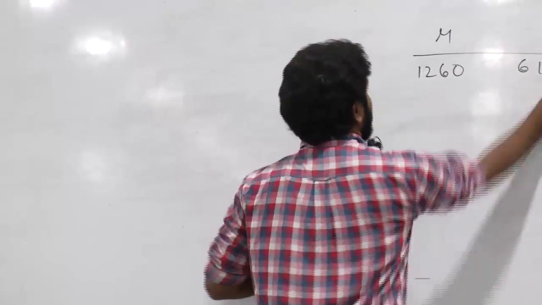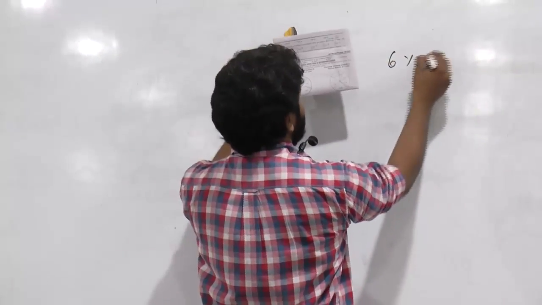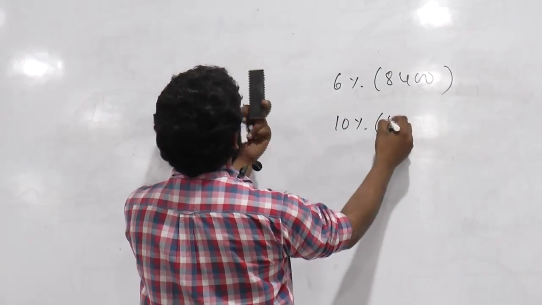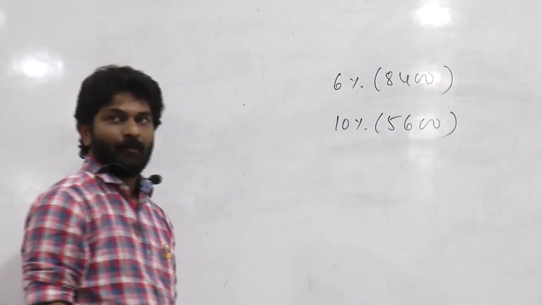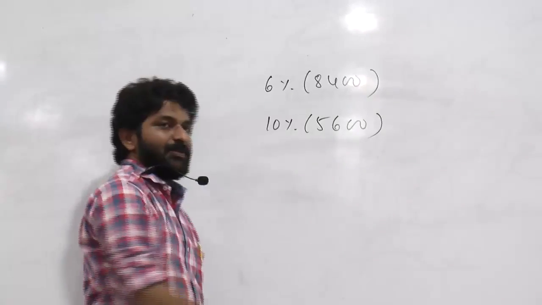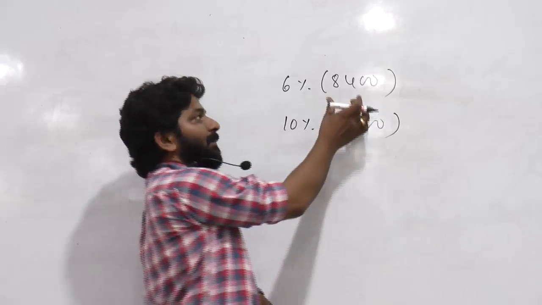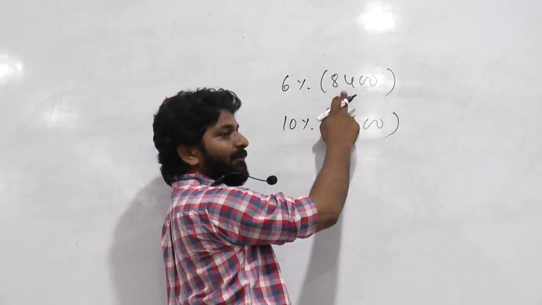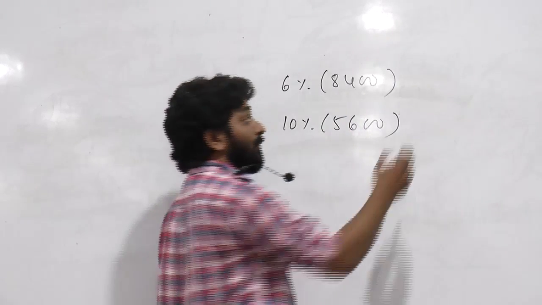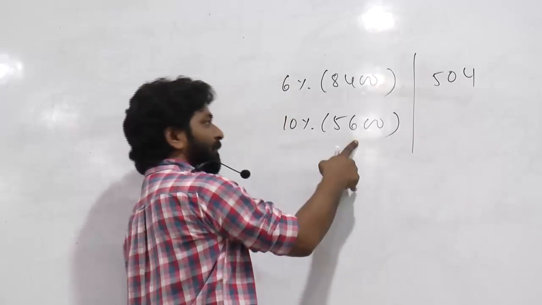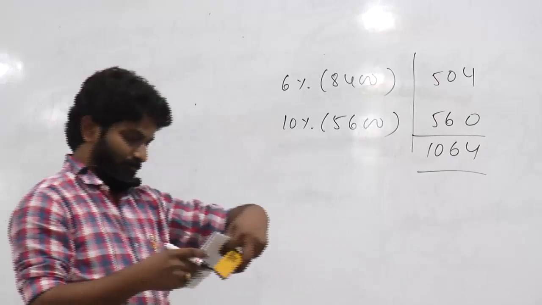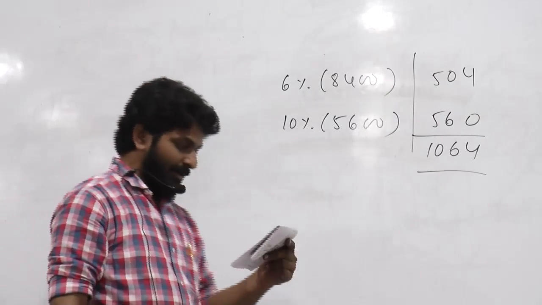School E, total students: 6% of 8,400 plus 10% of 5,600. 6% is 5% plus 1%. 10% is 840, 5% is 420 plus 84, that is 504. 10% of 5,600 is 560. The total is 1064.